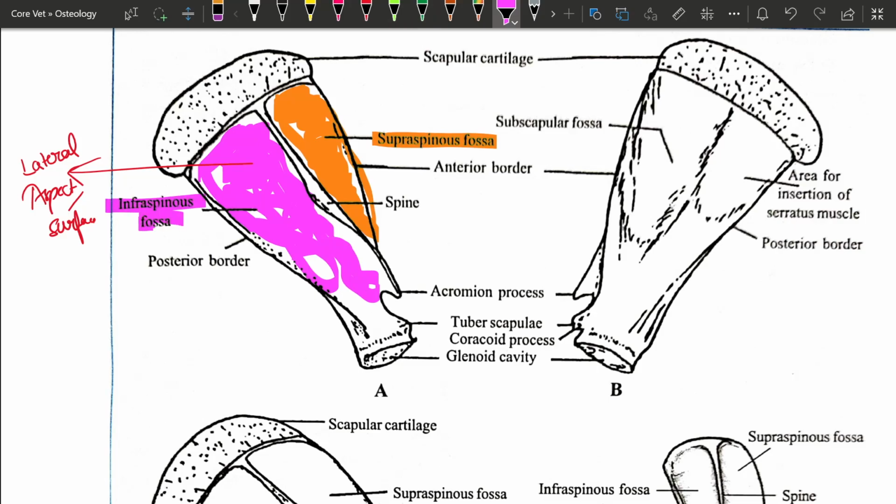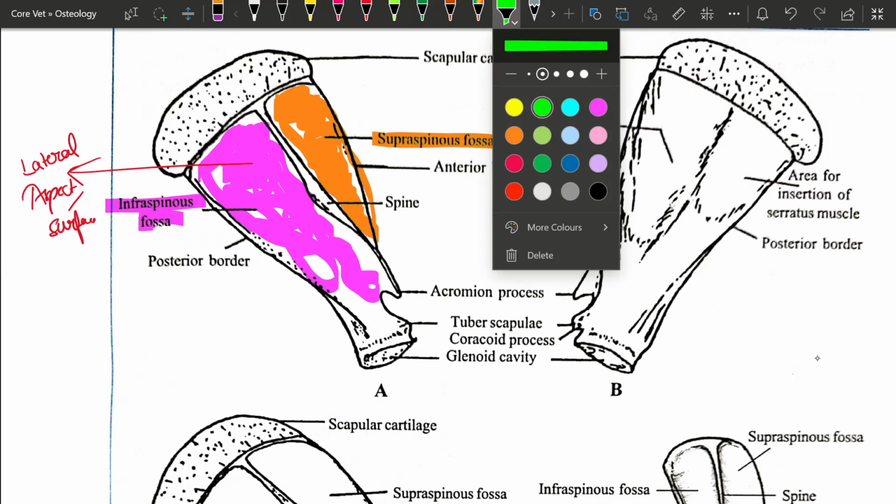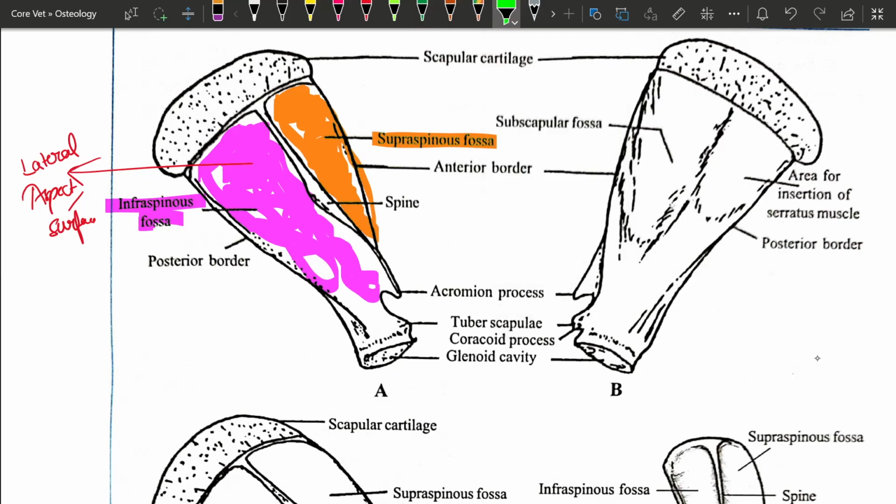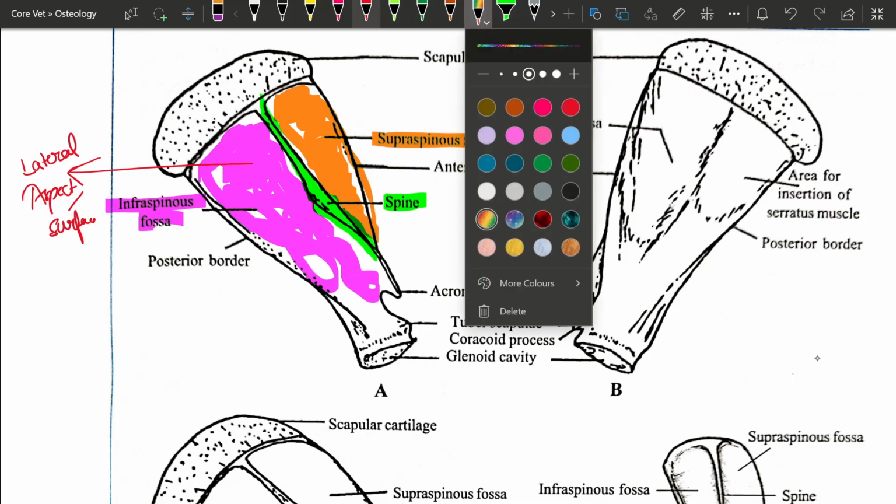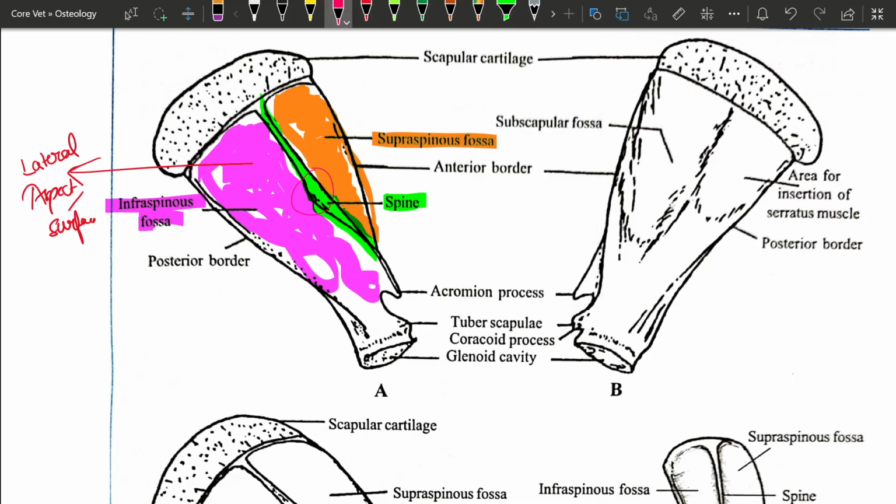And I had also told you that there is a spine that divides them. This is the spine that I am highlighting with the green. And at the middle of the spine, this is the tuber. What is this? Tuber of scapula, right? This is the tuber of scapula that is present in the middle of the spine.